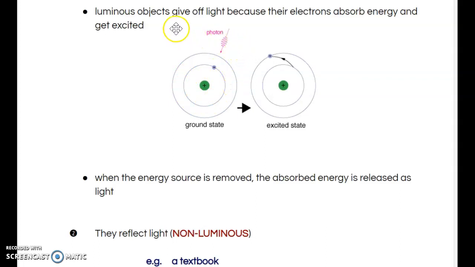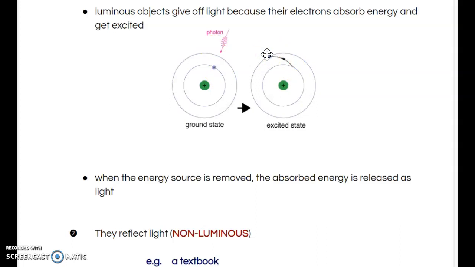Well, what happens is that sometimes a luminous object gets some sort of energy, a big jolt of energy. This energy could be in the form of heat, it could be in the form of electricity, but it gets energy. And this electron gets so excited, it says, yo, I want to jump up to the next shell up. So it jumps up to the next shell.